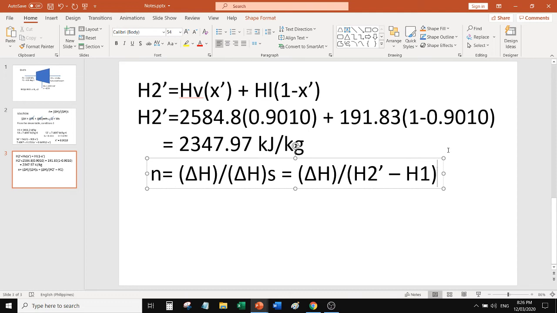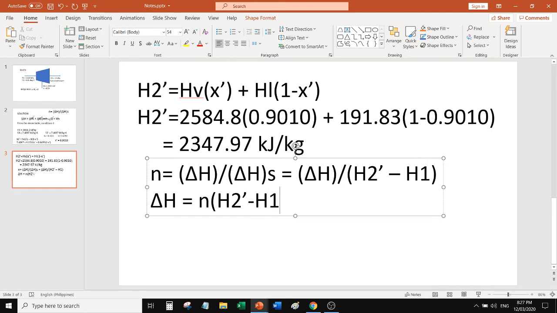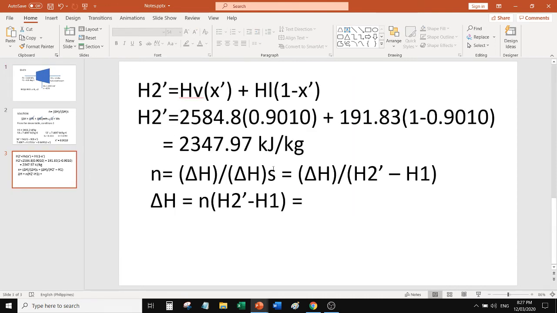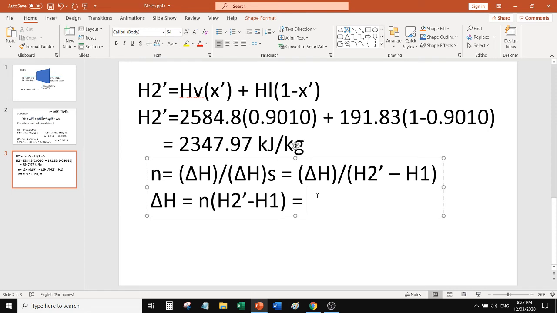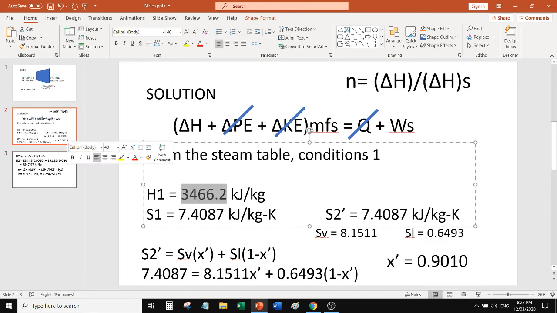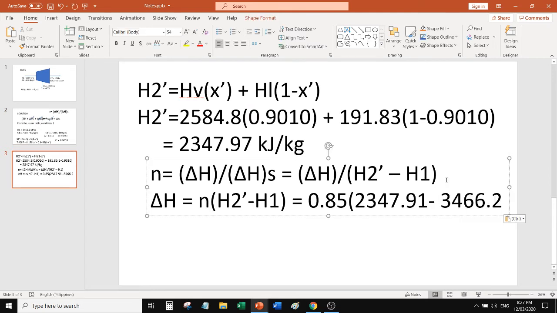Okay, sige. So, delta H ngayon ay, rearranging the equation, efficiency, yung given na 0.85 or 85%, times yung na-solve na H2 prime minus yung binasa sa steam table na H1.